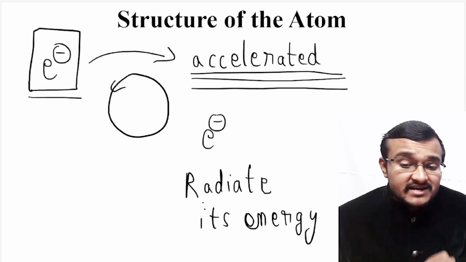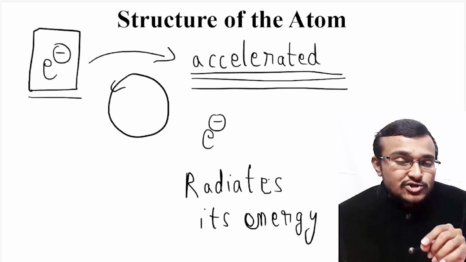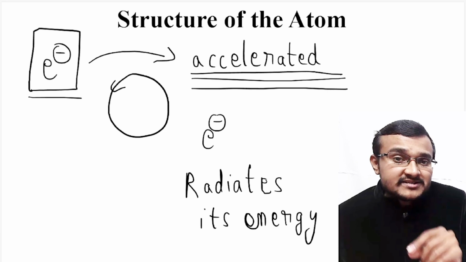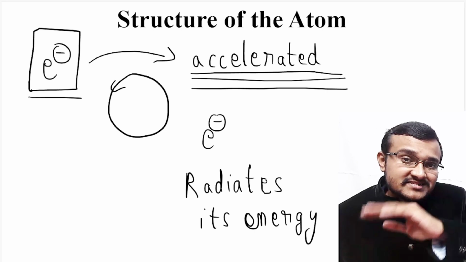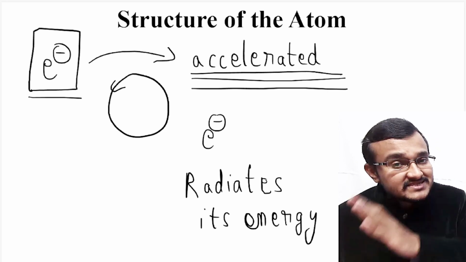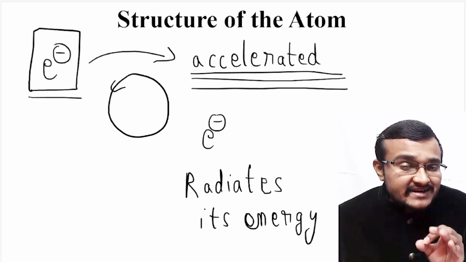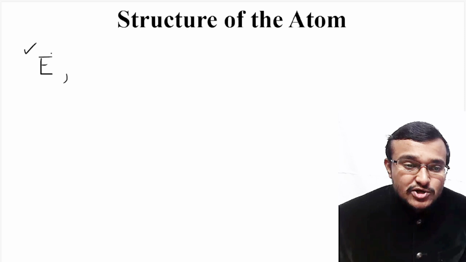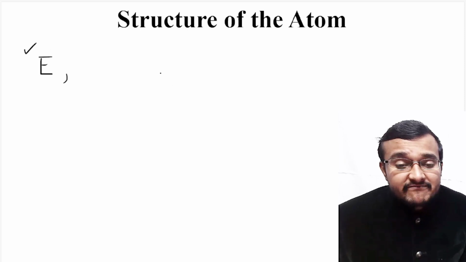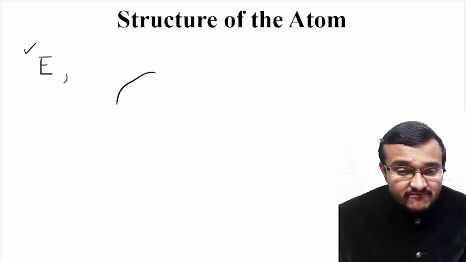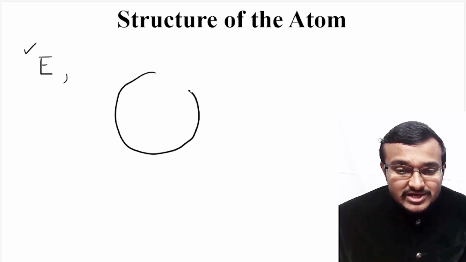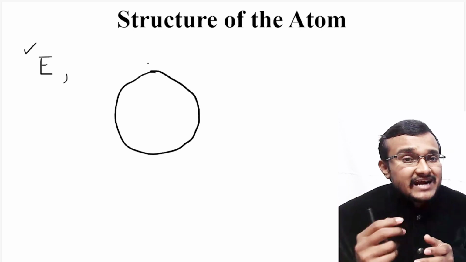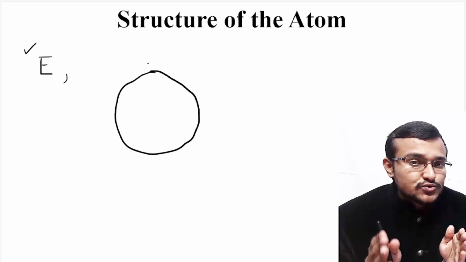So when a charged particle radiates its energy, the electron, which is negatively charged, after losing a certain amount of energy, cannot go in the same circular path. Instead, it has to reduce its path to a spiral path. Let's assume that the electron has energy E, and with this energy it traces a circular path around the nucleus. When it completes its full circular path, part of its energy will be lost through radiation.